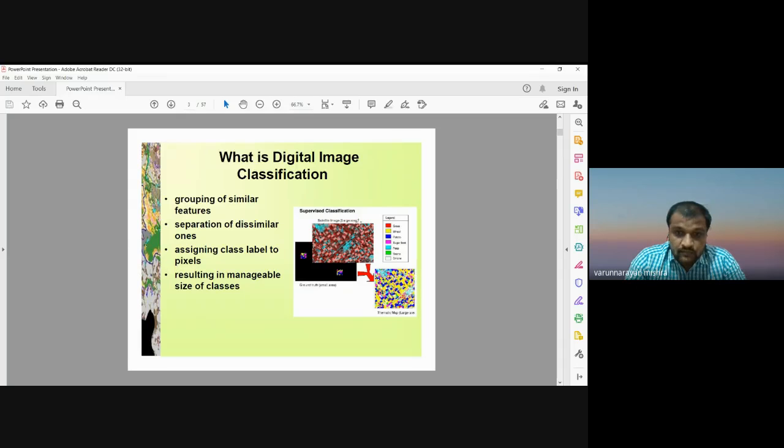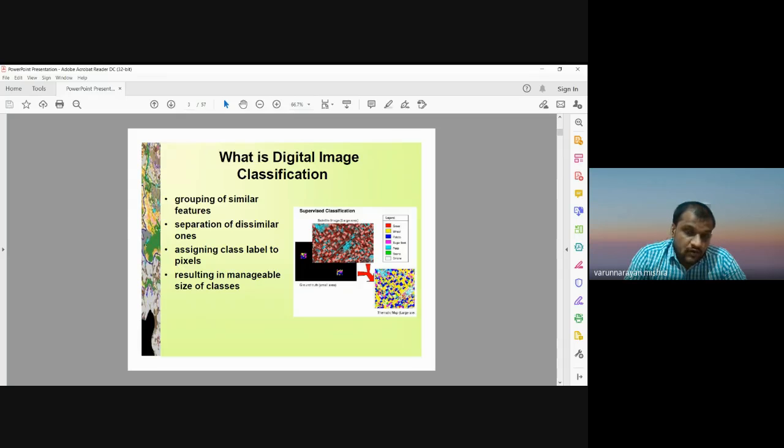You can see the satellite image is classified into different classes on the basis of their spectral response, so that we have information about the spectral response, and on the basis of the pixel value, we can group or categorize the same kind of pixels into a specific class. This is the process of digital image classification, through which we can categorize our satellite images.